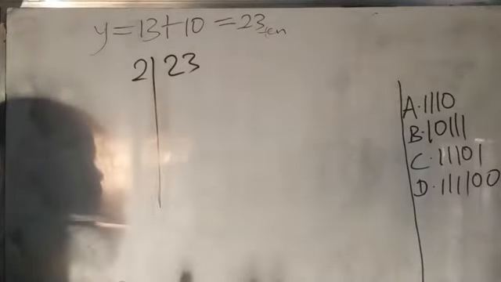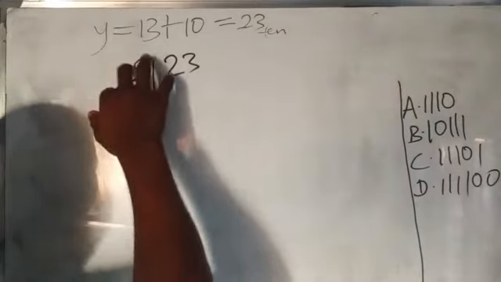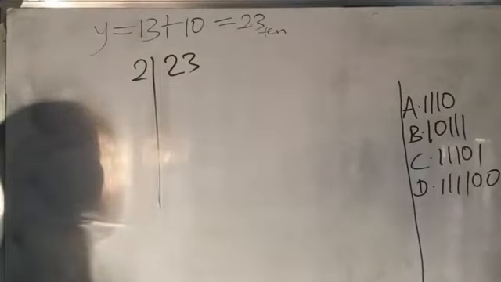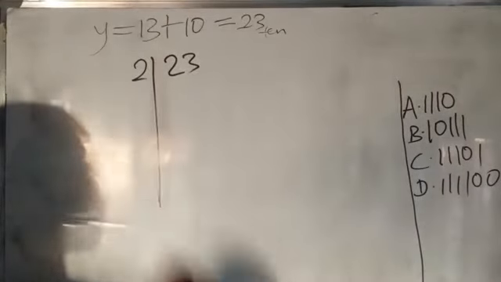If it were to convert base 10 to base 5, you write 5 here. But since the instruction is leaving your answer in base 2, we are using 2 here.